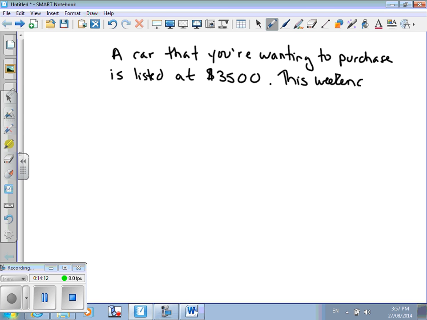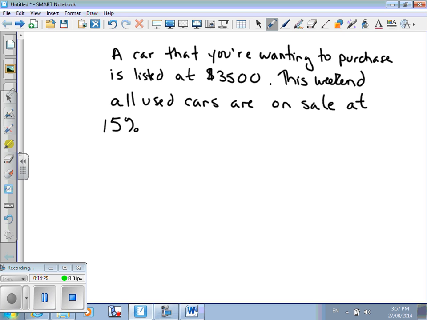This weekend, all used cars are on sale at 15% discount.